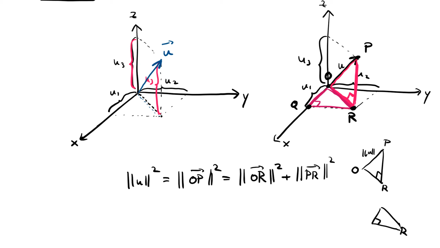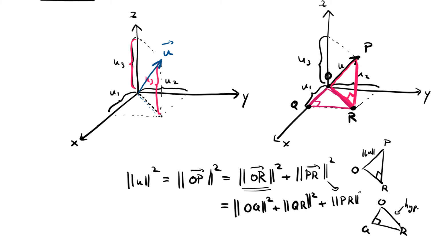So you've got R here, you've got O and Q. Now OR, that's the hypotenuse, right? So OR squared, I can write as the sum of the other two sides squared: norm of OQ squared plus norm of QR squared, and the last term here, I'm going to repeat it, just PR squared.